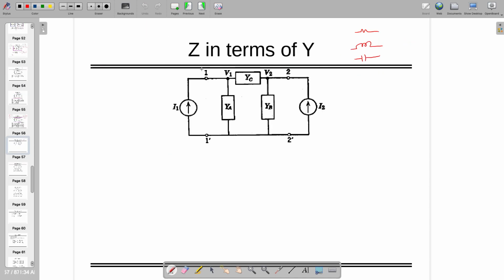So now I want to find out Z in terms of Y. Can we write down Y11, Y12, Y21 and Y22? Let's forget about this. Just for practice, can you write down these four? By inspection, by delta, by whatever technique you want to follow, whichever is the fastest one, you can use it. Whichever you think you are expert at, you can use it, right?